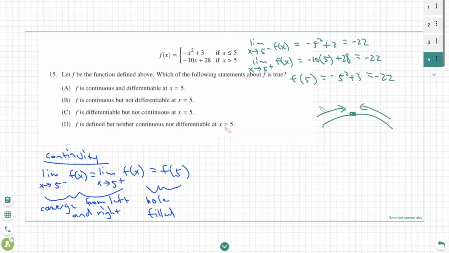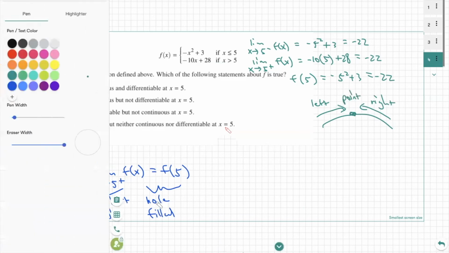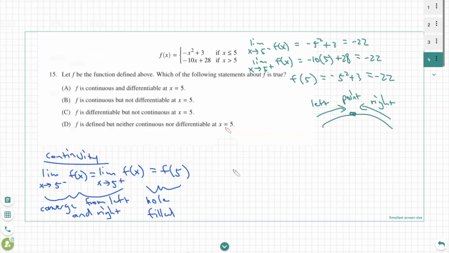Okay. So then how do we find differentiability? Yeah, so it's kind of the same idea, but we have to go to the point. So differentiability is the same idea, except we're comparing the left slope and the right slope.